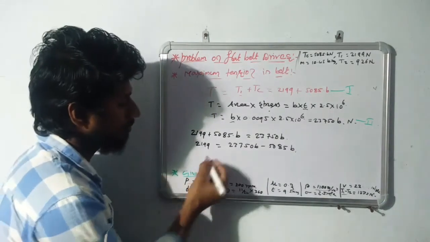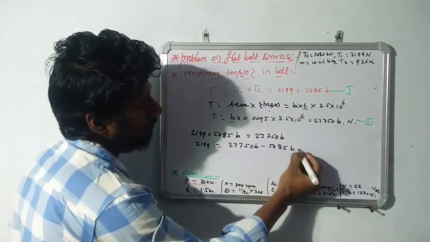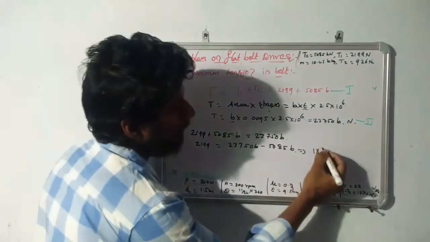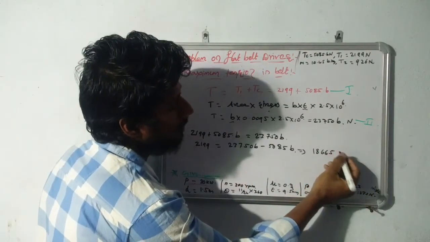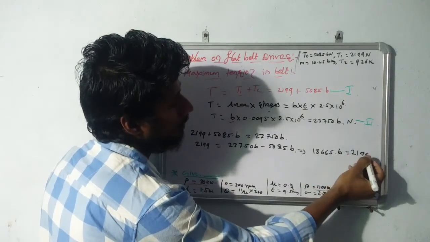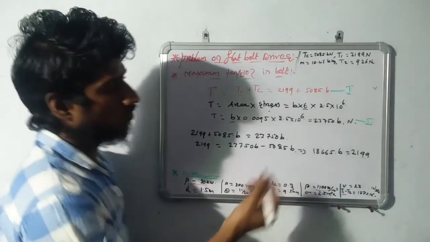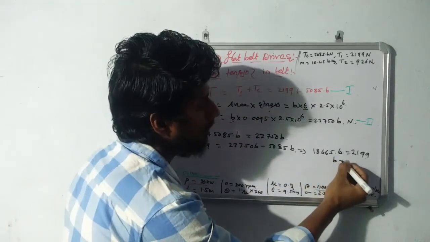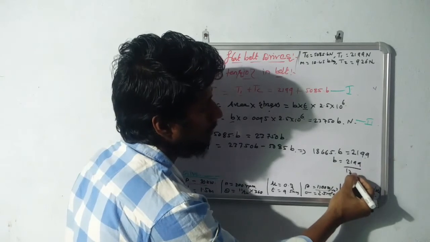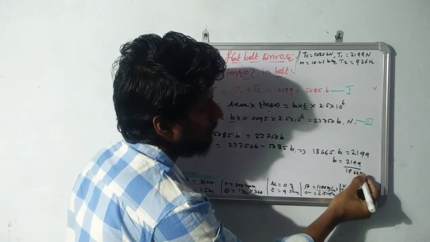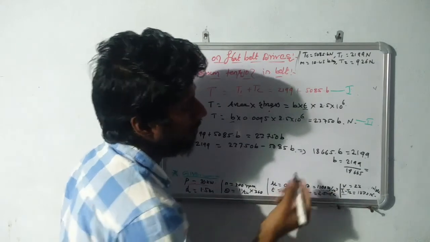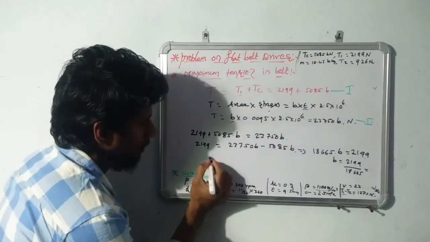By simplifying this, we get 18665B equal to 2199. So B is equal to 2199 divided by 18665.